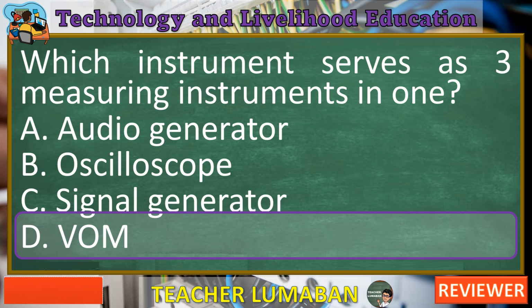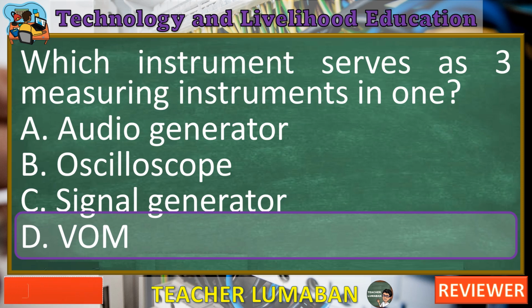Here's why the other options are incorrect. A. Audio generator, generates audio signals, typically for testing audio equipment, but does not measure voltage, resistance, or current. B. Oscilloscope, displays and analyzes the waveform of electronic signals but does not measure resistance or typically provide direct measurements of voltage and current in the same way as a VOM.